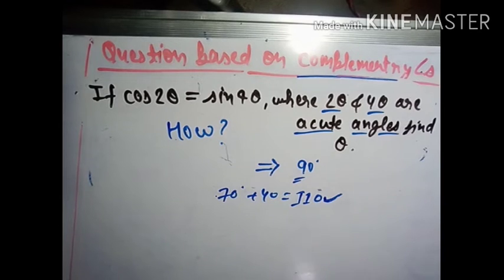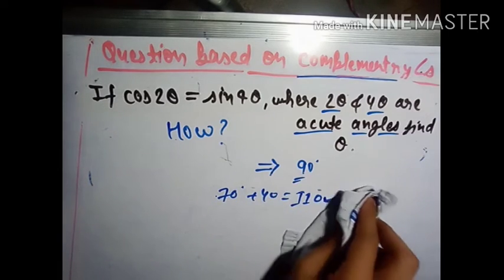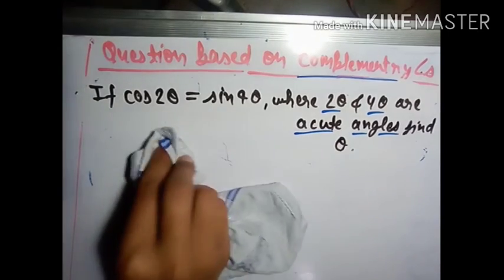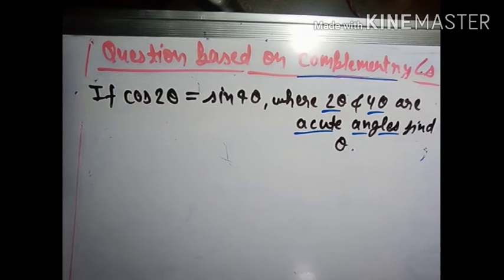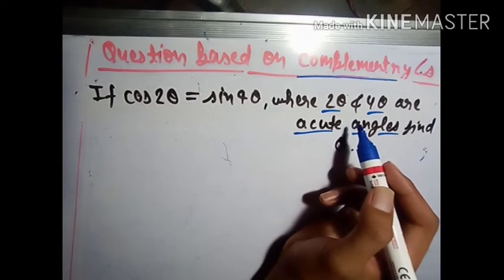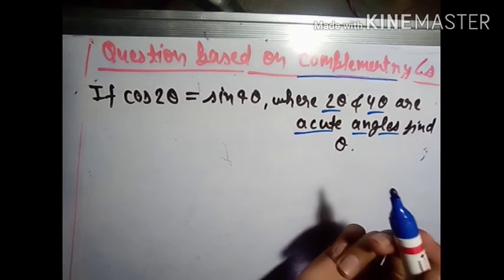But let me convince you that if ever this question comes in your examination or in your test, treat it as what? Very good, complementary angles, and sure they are less than 90 degree. Understand? So let us do it.